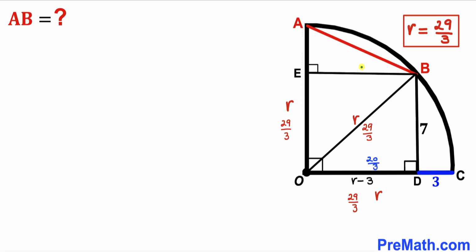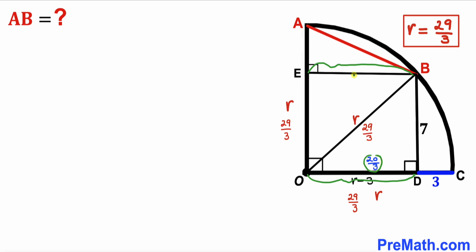And in this next step, I have dropped this perpendicular AB on this side AO. And now let's make an observation. Since this angle is 90 degrees and this angle is 90 degrees as well, this side length AB is going to be equal to this side length OD, and we know this OD length is 20 divided by 3.